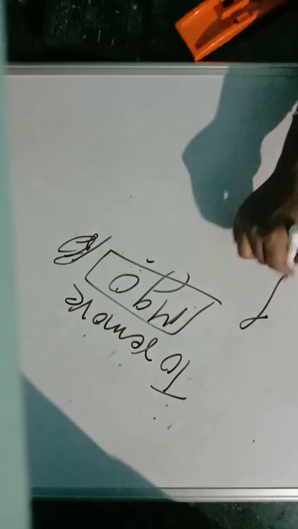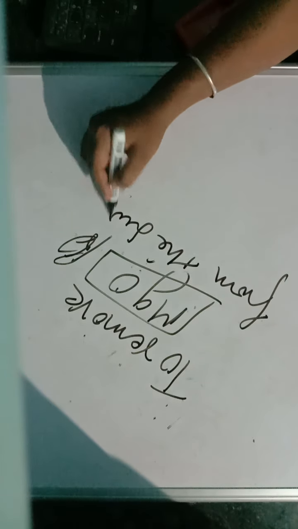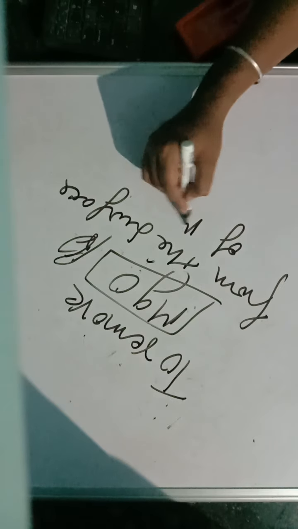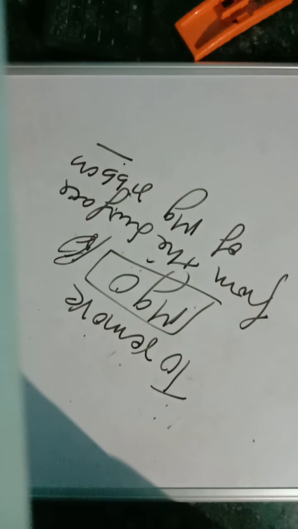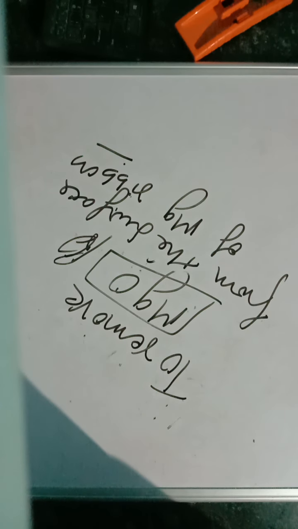One line answer: to remove the magnesium oxide from the surface of the magnesium ribbon. I guess you will remember this question, why we rub the magnesium ribbon with sandpaper before burning: to remove the magnesium oxide from the surface of the magnesium ribbon. Okay, so I think you get this answer.